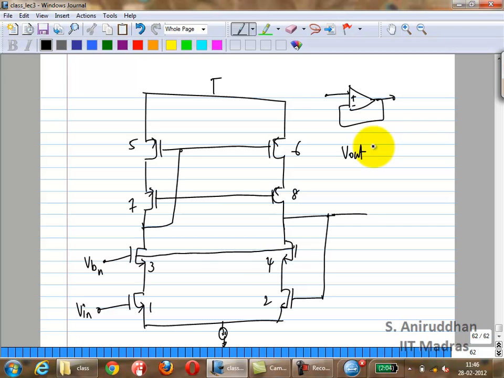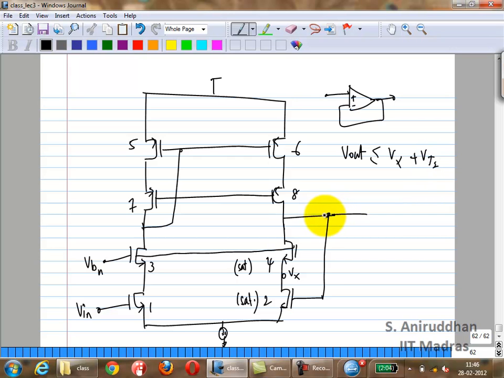Okay, so if you want to make sure both of these are in saturation, there are certain conditions you have. Now that you've shorted the input and the output, there are some common mode requirements. One of them is, so I'm going to call this Vx, okay.